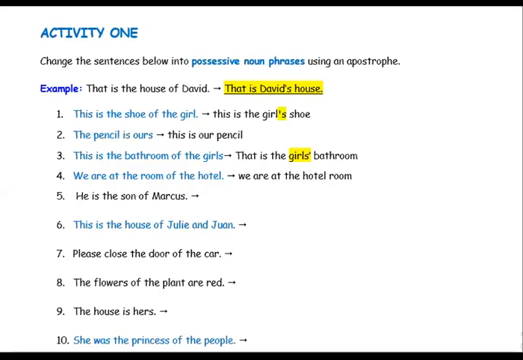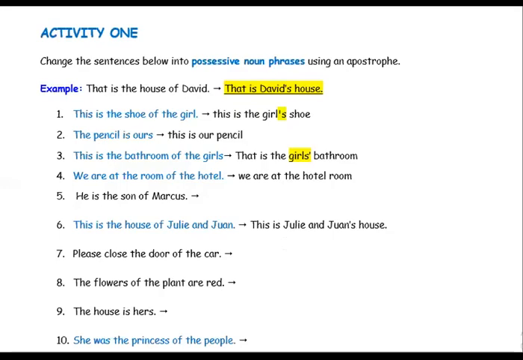Well done. So Wolf says this is Julie and Juan's house. Awesome. Guys, maybe you're not answering me because the rules are colliding with one another. If you forget the rule, just tell me, then I can go back to that rule. Can you guys see how the apostrophe only goes on the second word, right?